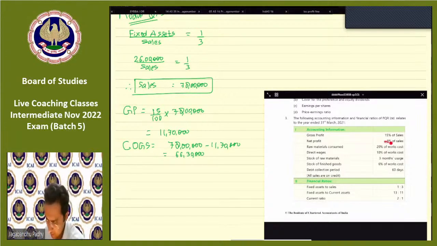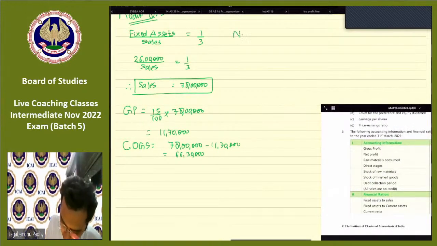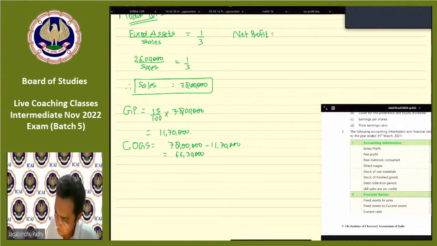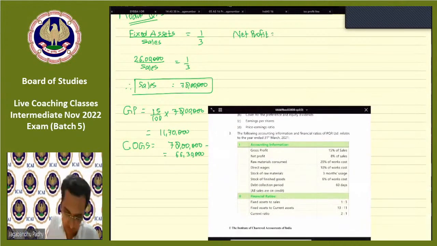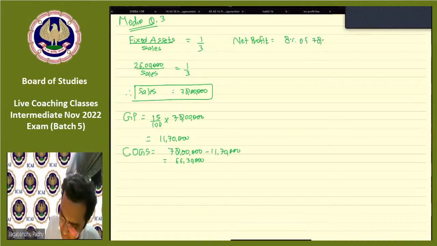Now it further says net profit is 8%. So fine, we can compute that net profit also besides this. Net profit is 8% of sales. That's like 8% of 78 lakh.